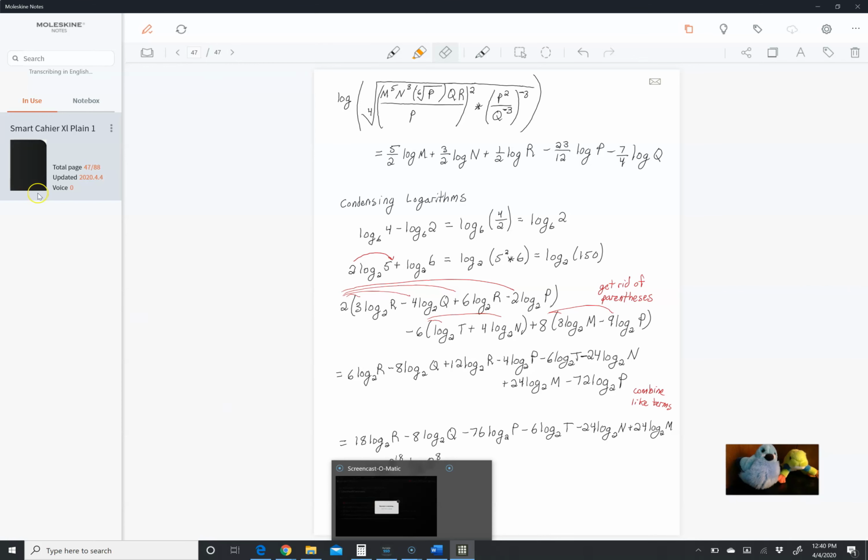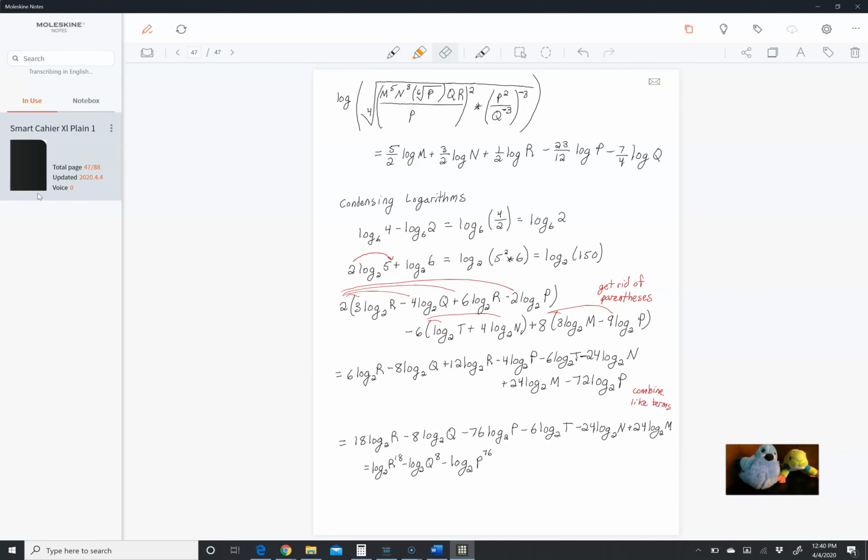Minus log base 2 of p to the 76 minus log base 2 of t to the 6th minus log base 2 of n to the 24th plus log base 2 of m to the 24th.